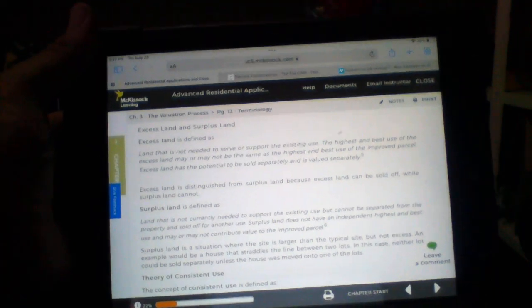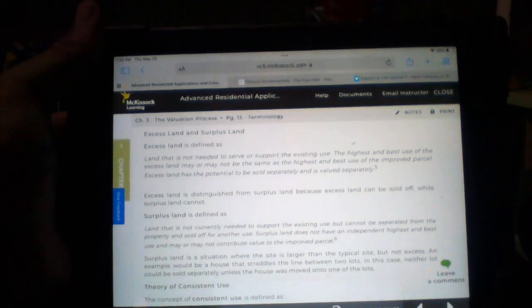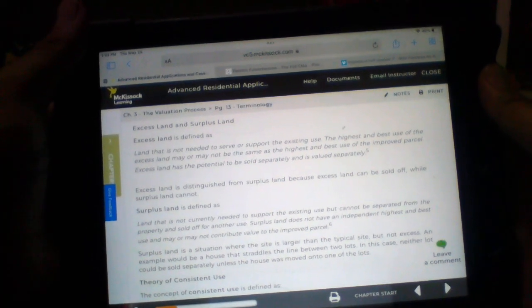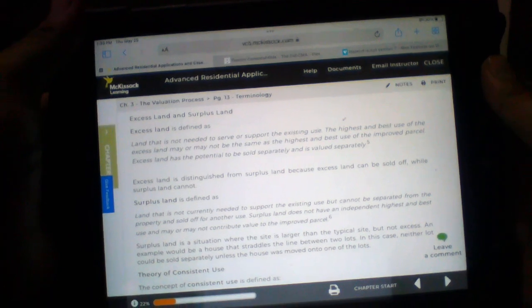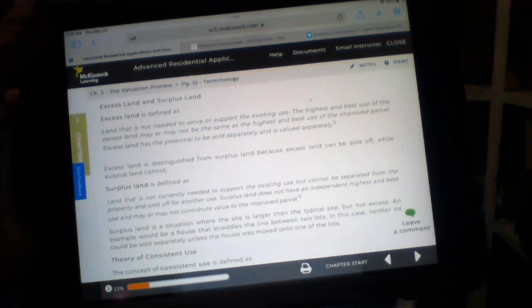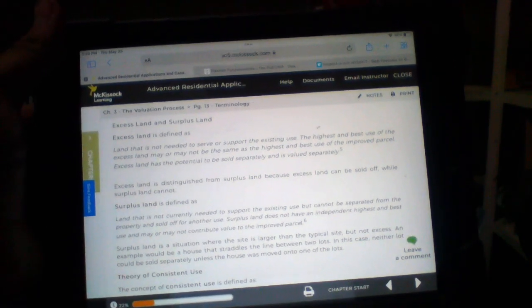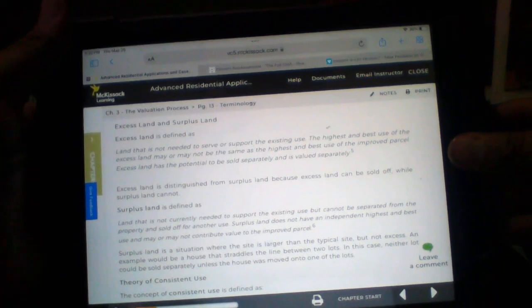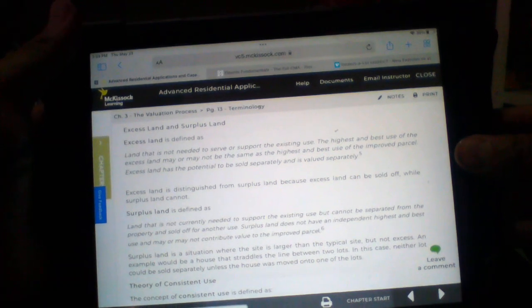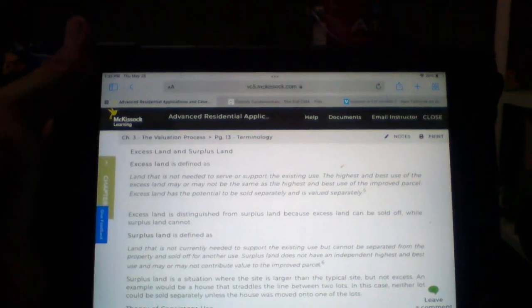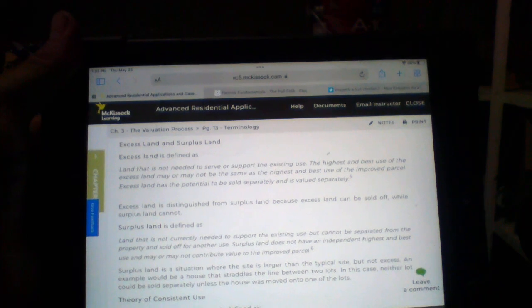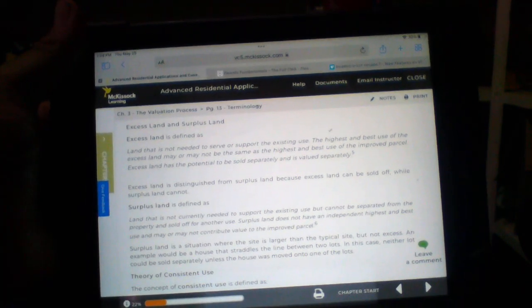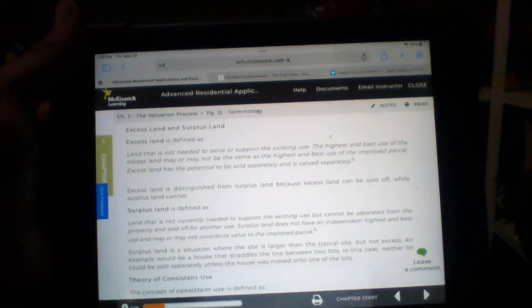Excess land and surplus land. Excess land is defined as land that is not needed to serve or support the existing use. The highest and best use of the excess land may or may not be the same as the highest and best use of the improved parcel.